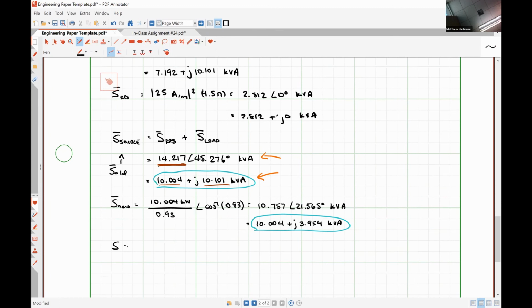All right, so if S is equal to VRMS times I load magnitude, then that means that the magnitude of the RMS voltage, which is really the only thing we need, is our apparent power divided by the magnitude of I load. So that is 14.217 kilovolt ampere divided by 25 amps RMS.